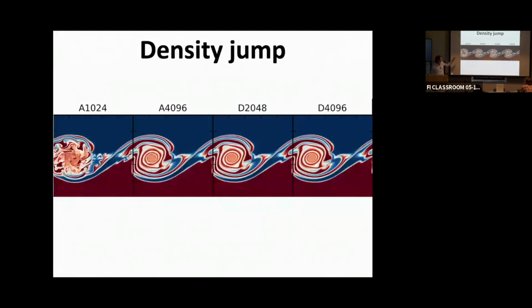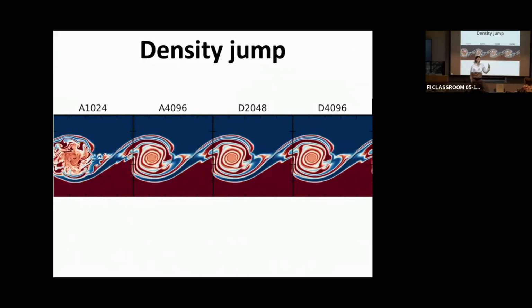Okay, so here you can see in Athena, you can increase the resolution from 1024 to 4096 squared, and kind of all these small scale features are starting to go away. And then we tried doing the same thing in Daedalus. So I'm just showing 2048 and 4096, and by eye they're identical.